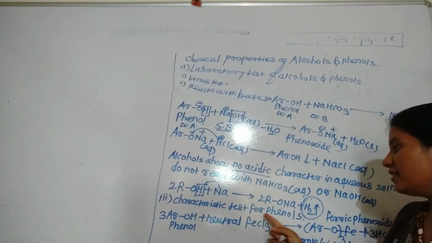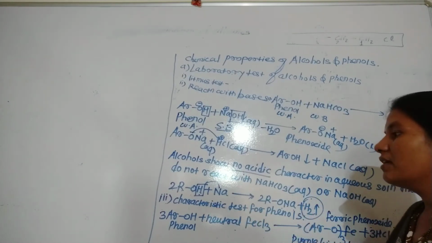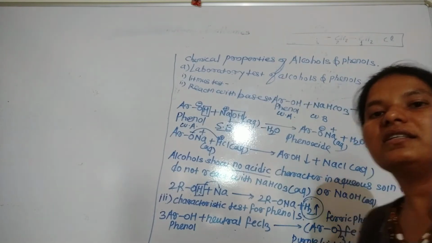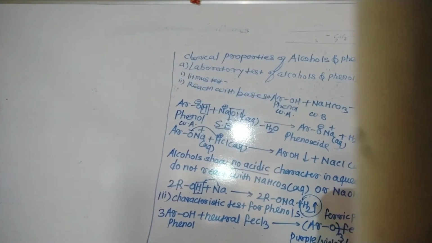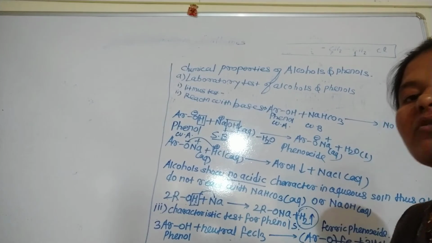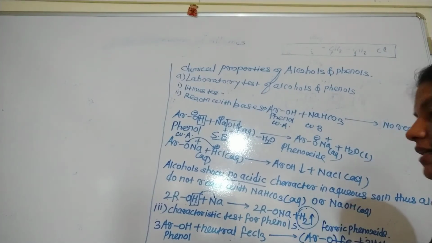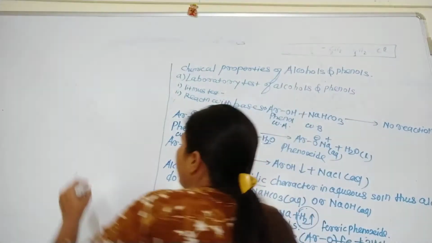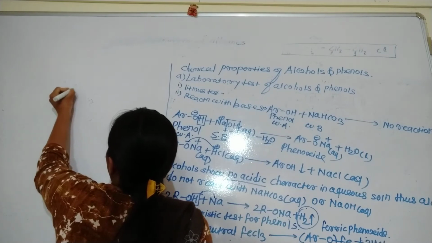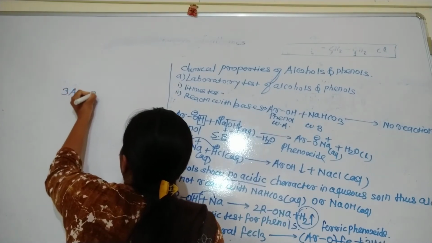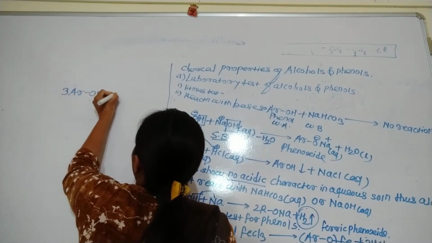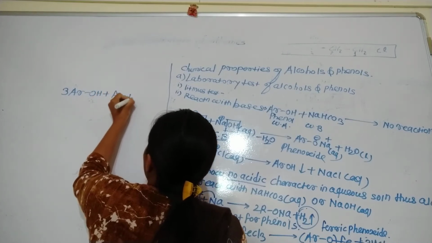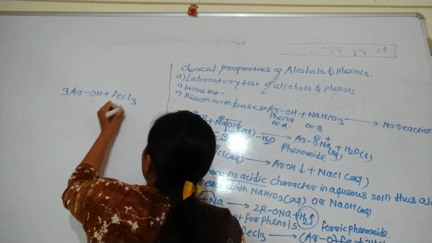Then what is the characteristic test for phenol? Alcohol does not show a positive test with this. I can show here what happens. Take 3 moles of phenol and add FeCl3, and your FeCl3 must be neutral.